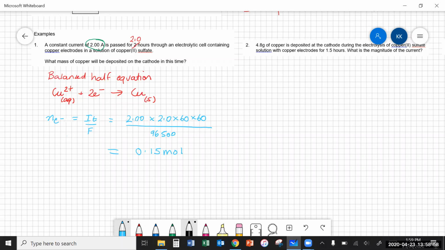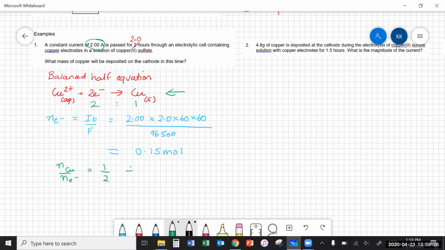All right, now when asked to find the number of moles of copper, we can, in our equation here, see that we have a mole ratio of 2:1 for our moles of copper. So moles of copper over moles of electrons is equal to 1/2.